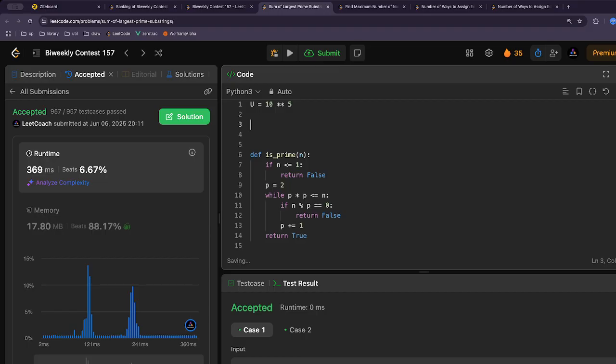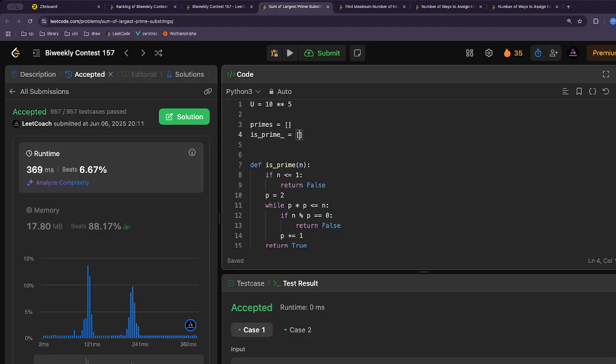And we can do that with a sieve. Remember, we start with a table where initially we say everything is a prime.